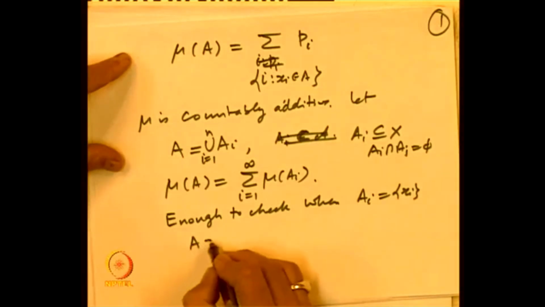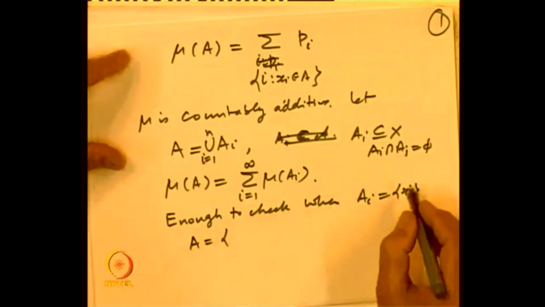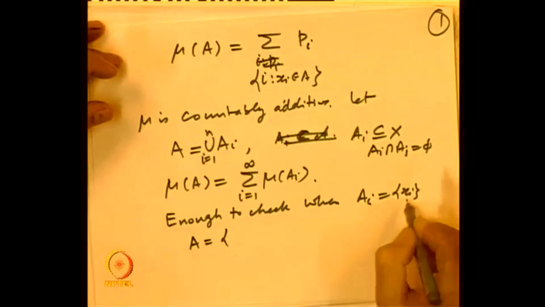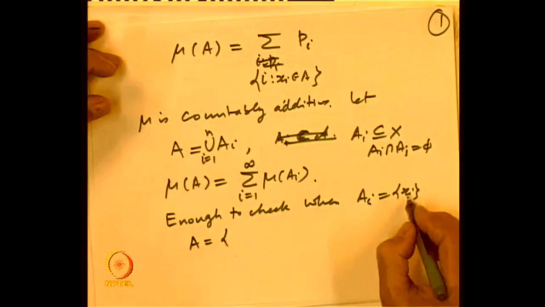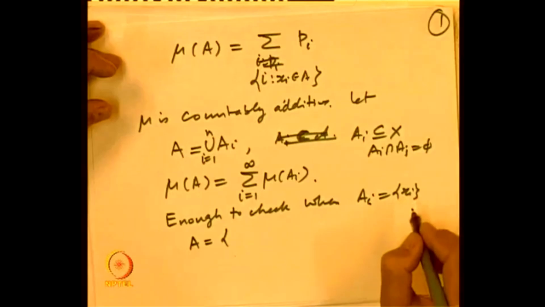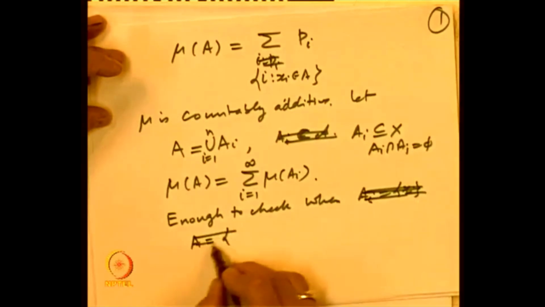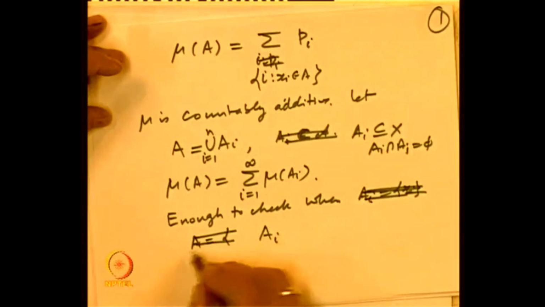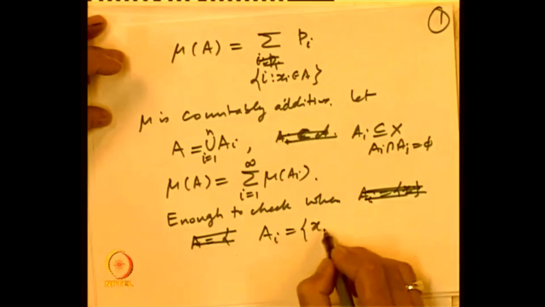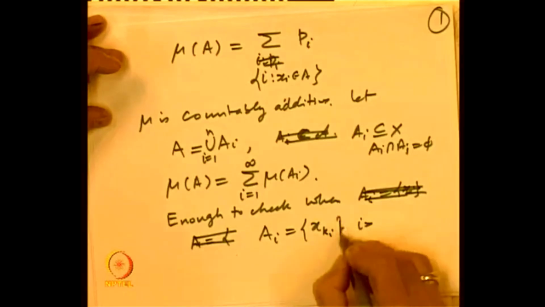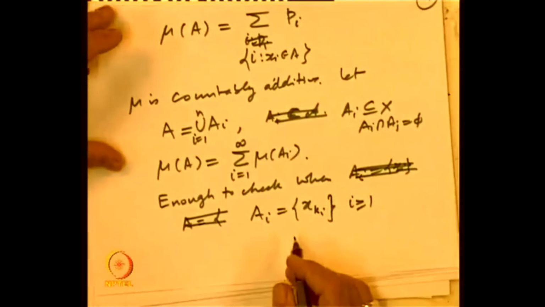So what is A? Because X itself is x1, x2, ..., x_n, ..., this will be the whole space. Let us look at the special case when A_i is equal to some singleton {x_{k_i}}, i greater than or equal to 1.